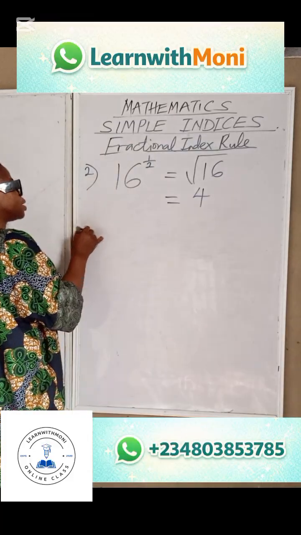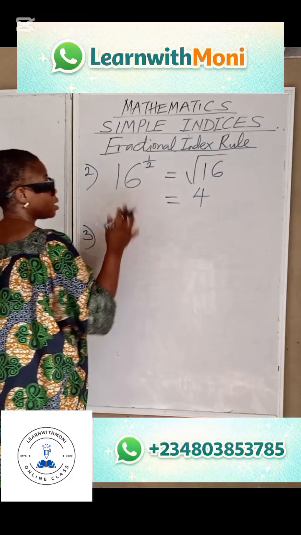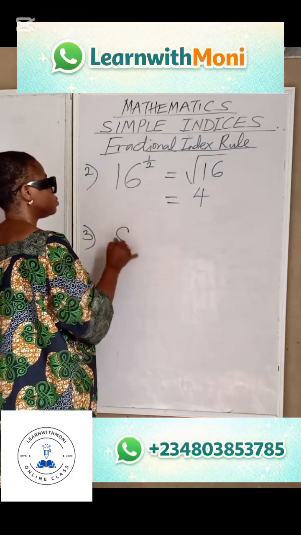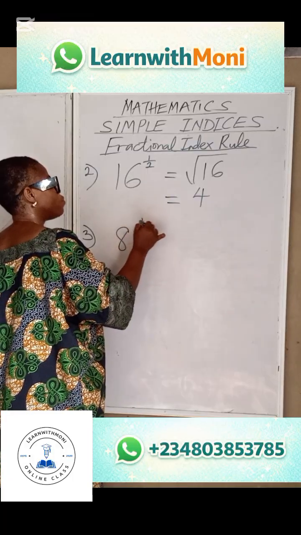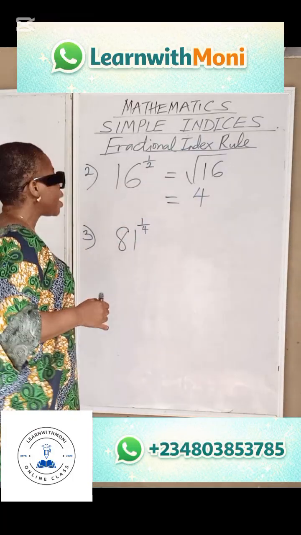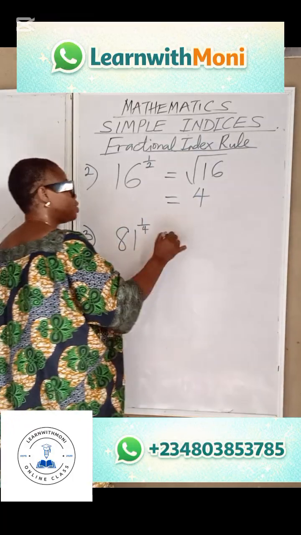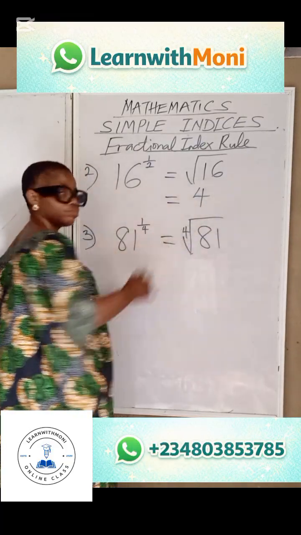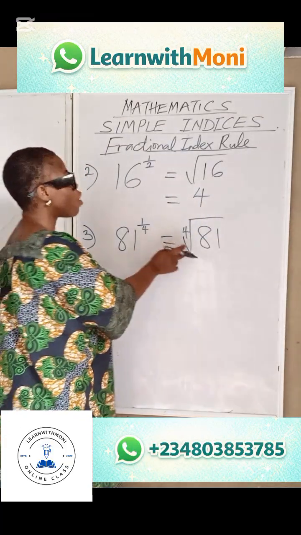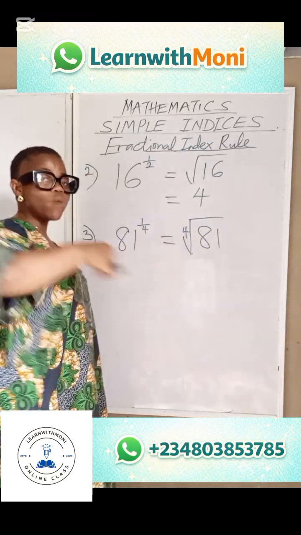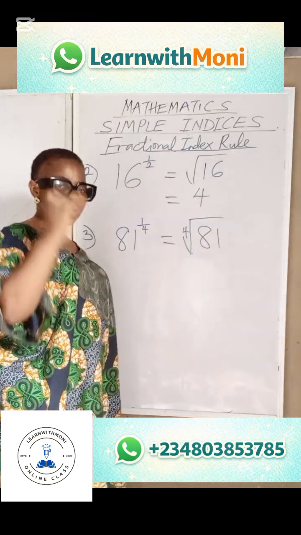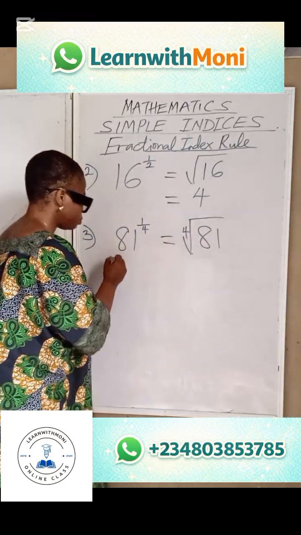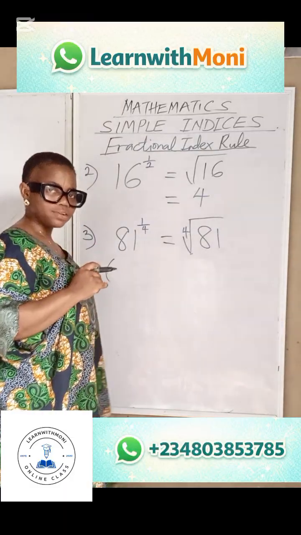Let us take another question. Like when I have 81 raised power 1 over 4. This means 4th root of 81. It is asking for a number which when multiplied by itself 4 times will give 81. Can you suggest that number to me?